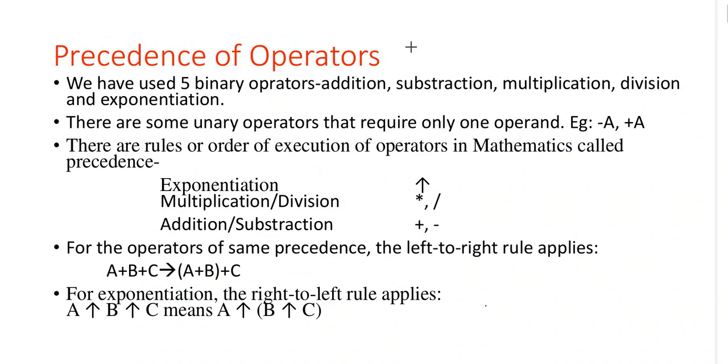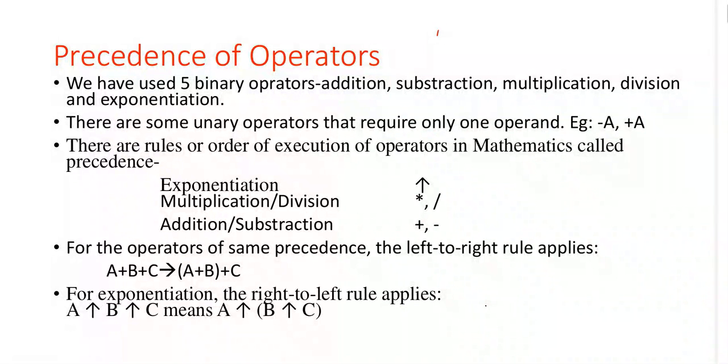Precedence of operators. We have 5 binary operators: addition, subtraction, multiplication, division, and exponentiation. What are binary operators? Binary operators always take two inputs, two operands, and give one output.